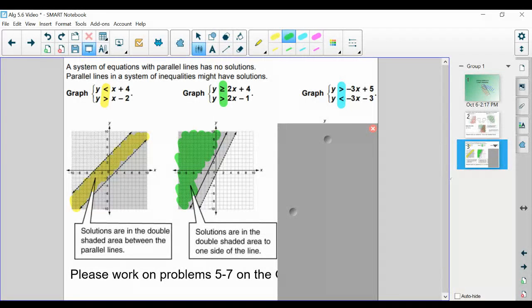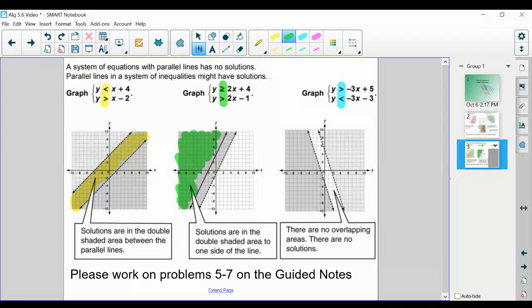Because they're parallel, they never intersect, but both of those linear inequalities we're shading above. So we're going to look for that overlap. And it should make sense that it's not going to be in between because, again, we're shading above that solid line. So underneath the solid line doesn't have any solutions. So the solution to the system will be above that line.